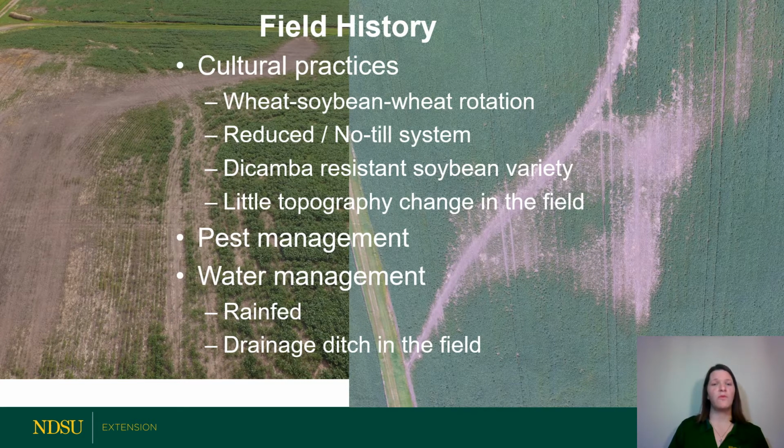We do know the water management: it is a rain-fed field, and we do see a drainage ditch in the field. So we'll be diving into these pictures as we roll up to the field. Now what do we see, and how do we go about it? This is just step one, understanding what this field history is.